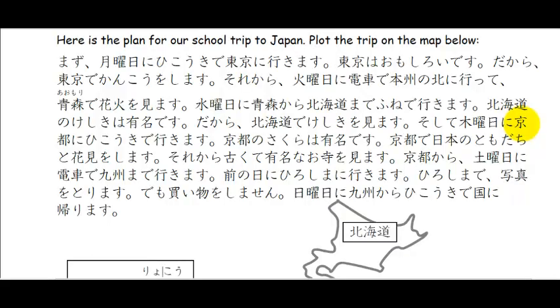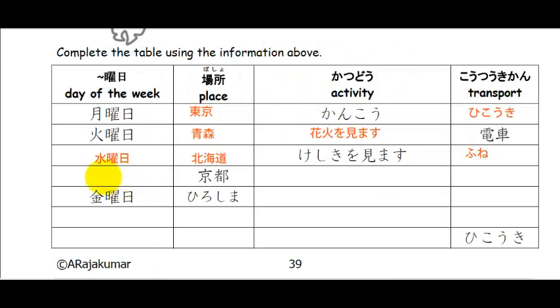Here we're back at Kyoto. Ni, and then mokuyobi, so on mokuyobi, Thursday. Put it all together and we get, and then we will go by plane to Kyoto on a Thursday. So we should be able to fill in something down there on the grid. Let's have a little look. Okay, here's the day of the week. Let's see what we've got. We've got the places Kyoto. Okay, that's where we've been.